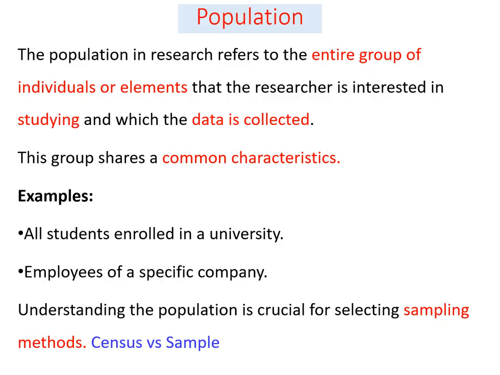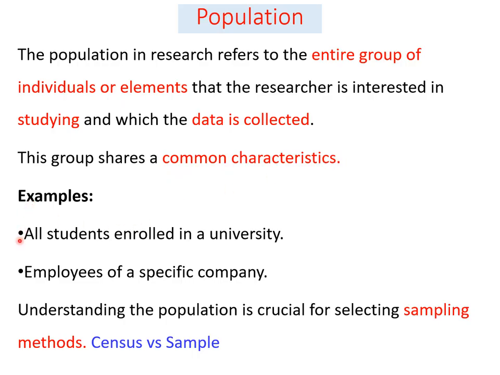First of all, the population in research refers to the entire group of individuals or elements that the researcher is interested in studying, or the complete group of individuals or elements that the data is taken from. This group shares common characteristics.